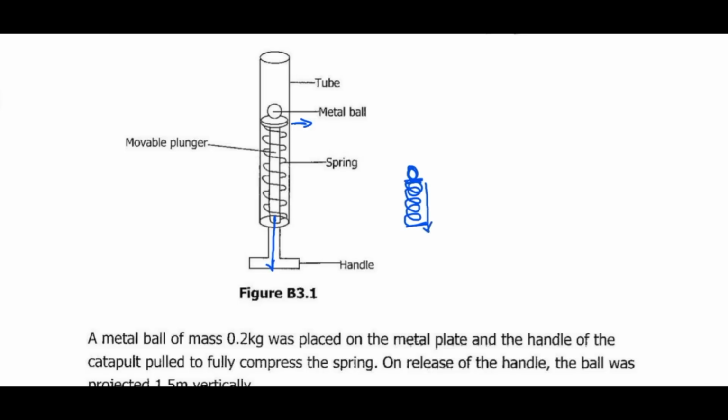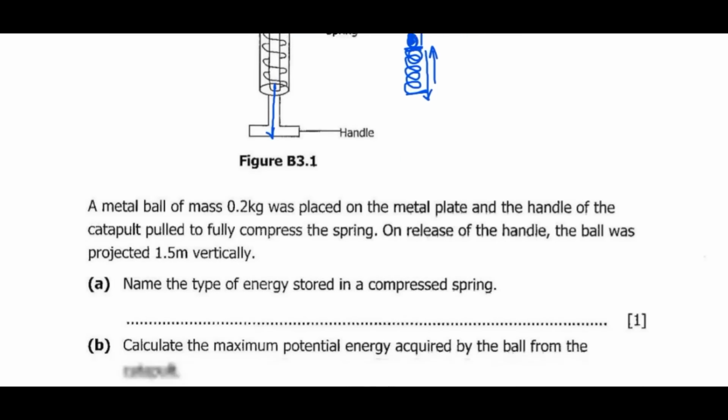There is also the force that will be exerted by the same spring. If you let it go freely, it moves from this point to where it reached, a vertical height of 1.5 meters. So if we have this height and the mass, we can now find the answer to question B.